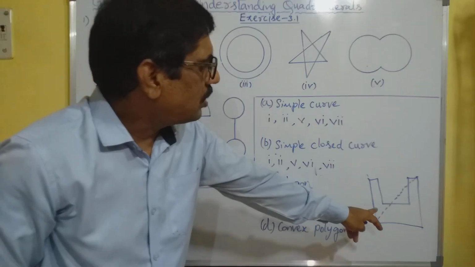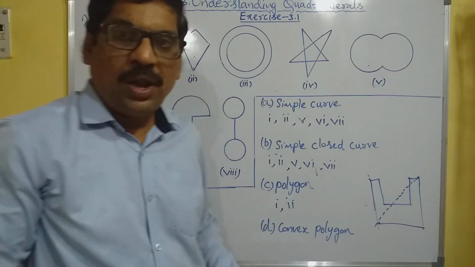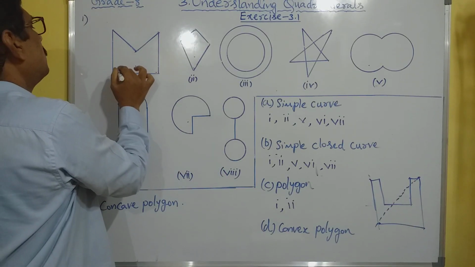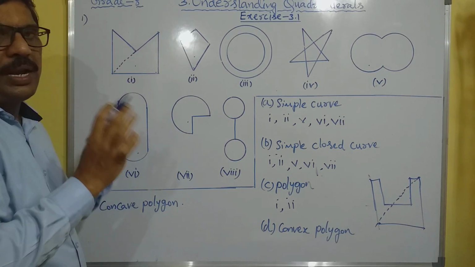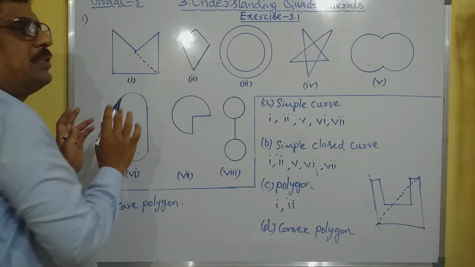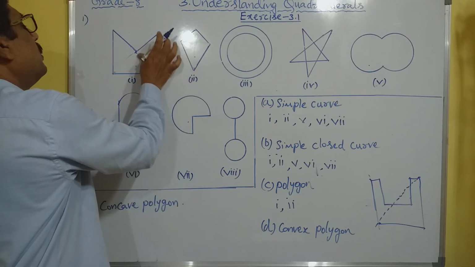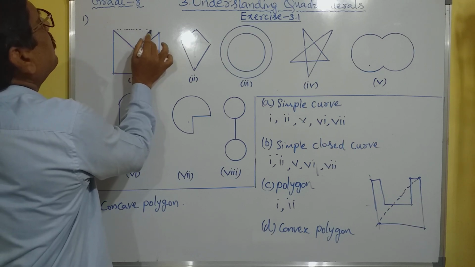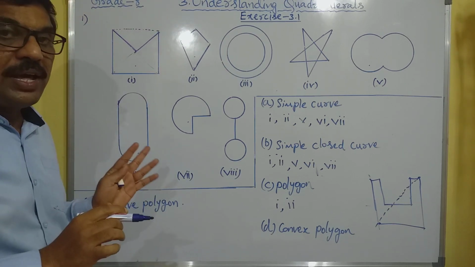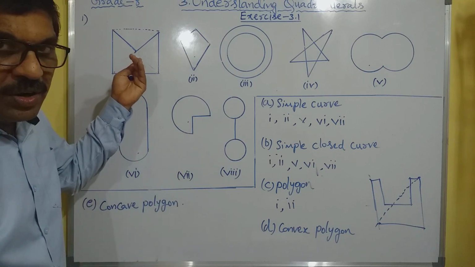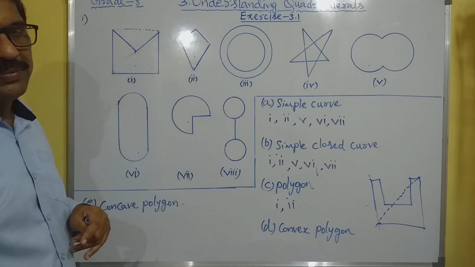So it is not a convex polygon. Now in the same way, if you try to draw a diagonal, this diagonal is okay, it lies inside only. And this diagonal is also okay, it lies inside only. If you try to join these non-adjacent vertices like this, it lies exterior of the polygon. So we can say it is not a convex polygon.